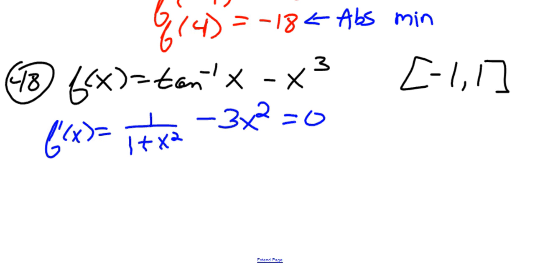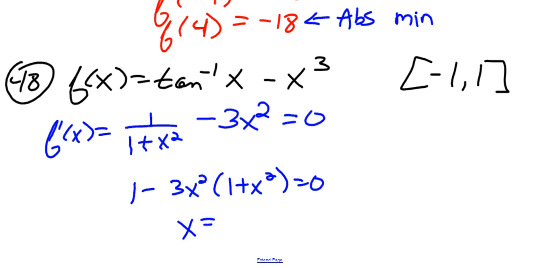You want to go ahead and solve for x, critical points, however you want to go about solving at this point. Make a common denominator. If you just want to multiply everything through by 1 plus x squared, you get 1 minus 3x squared times 1 plus x squared equals 0, and go from there.